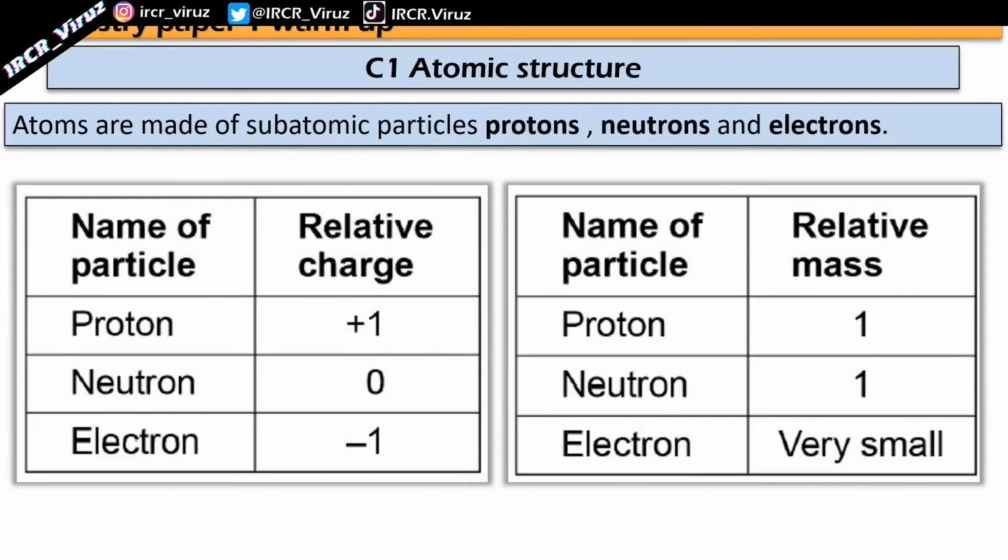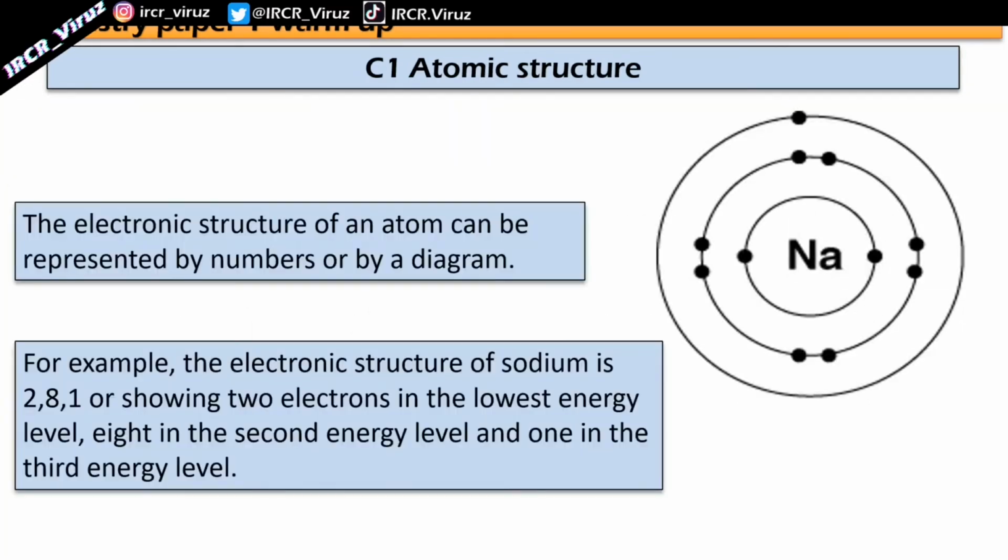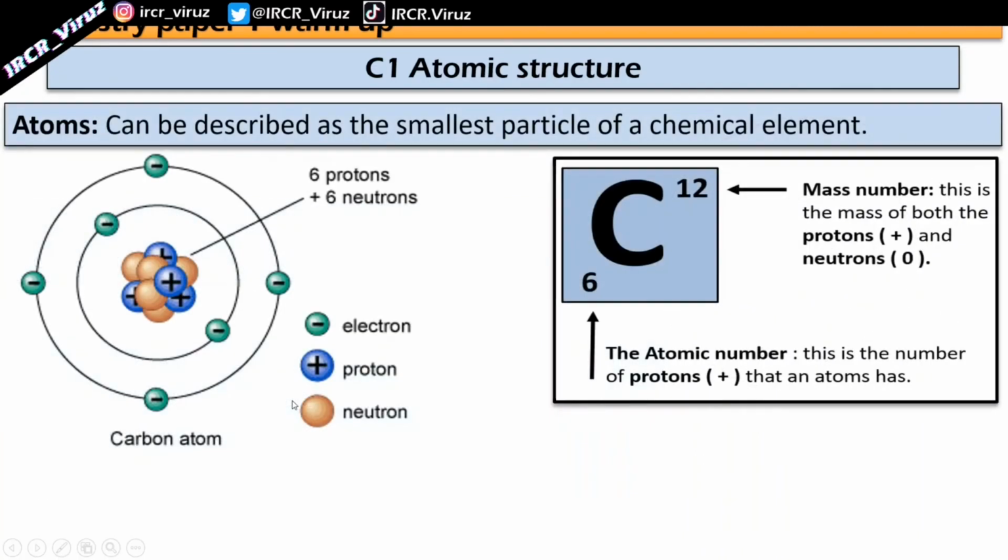Okay. Now, the electronic structure of an atom can be represented by numbers or by a diagram. For example, the electronic structure of sodium is 2,8,1, showing 2 electrons in the lowest energy level, 8 in the second energy level, and 1 in the third energy level. That is the electronic configuration.